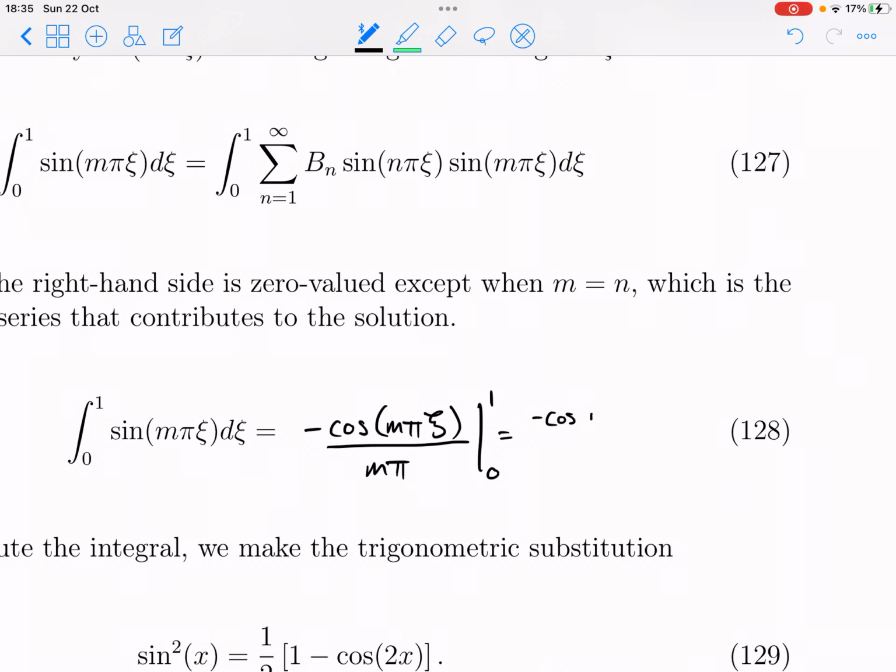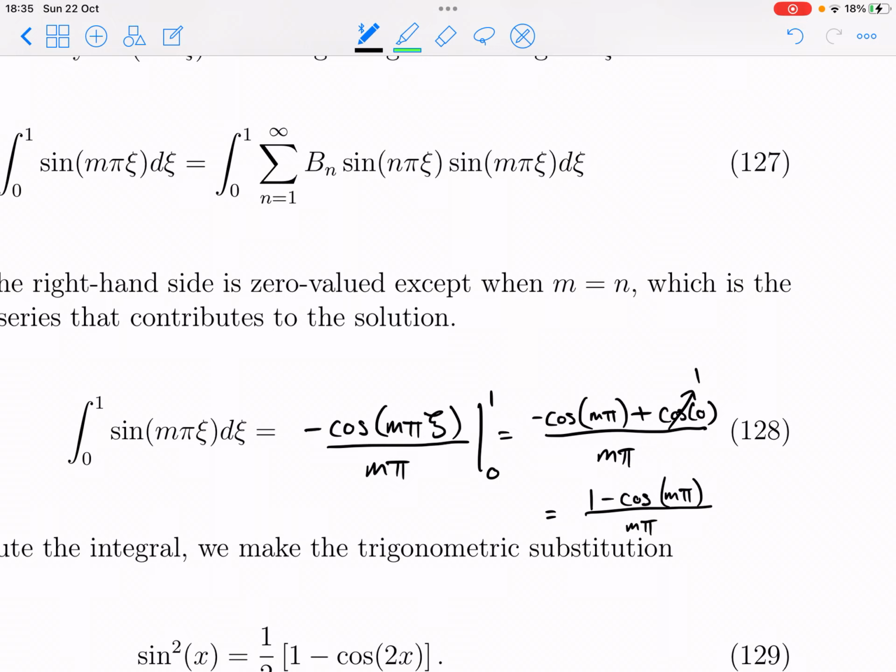So the cosine of m pi when xi equals 1 is negative, minus a positive, minus a negative cosine of 0, which is just 1, all over m pi. And so our final expression for this left-hand side is just 1 minus the cosine of m pi over m pi. And we can be quite clever here.